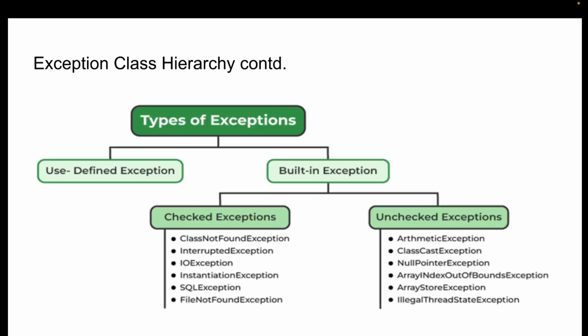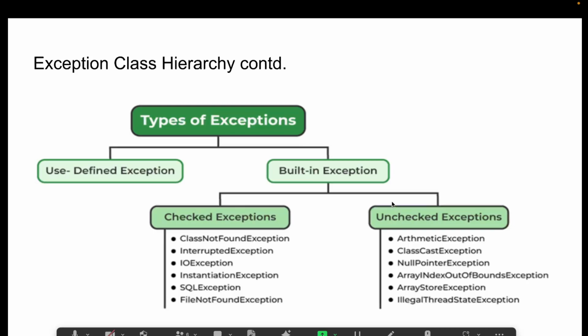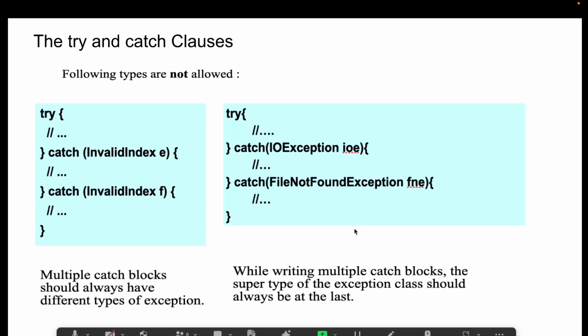So you are trying to get the value of id and name from the student object, but the student object was null. If you try to get any attribute from an object and that object is already null, then you will get null pointer exception. So that is another scenario.